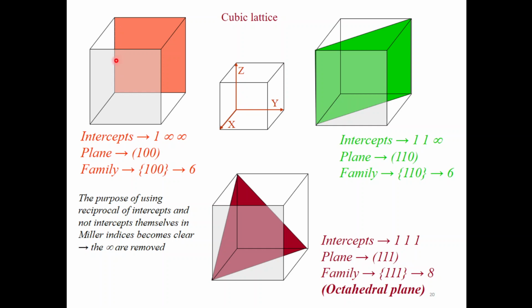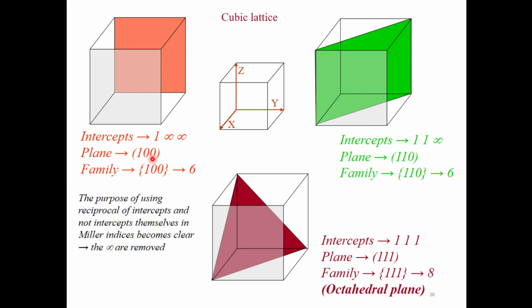So it means that we have infinite intercepts upon these axes. That's why we have 1, infinity and infinity, and after taking reciprocals we have 1 0 0, and we don't have any commas in between, and we have to enclose them in parentheses.